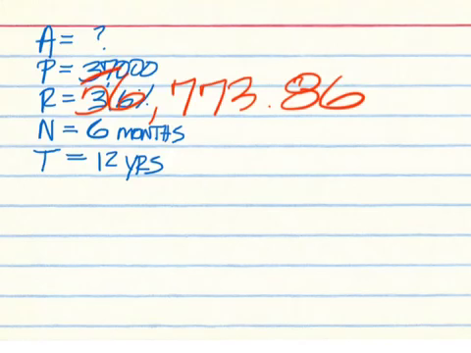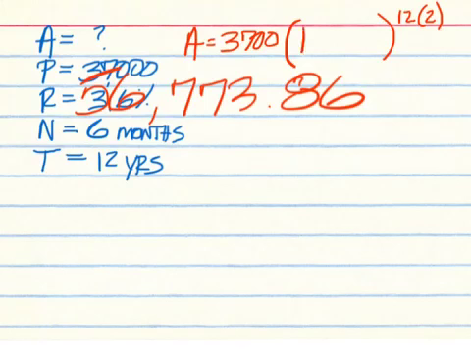Set up the problem first, and we will have A equals 37,000 times the quantity to the 12 times 2 power, since it will be compounded twice each year, and that'll be the quantity of 1 plus 0.036 over 2.